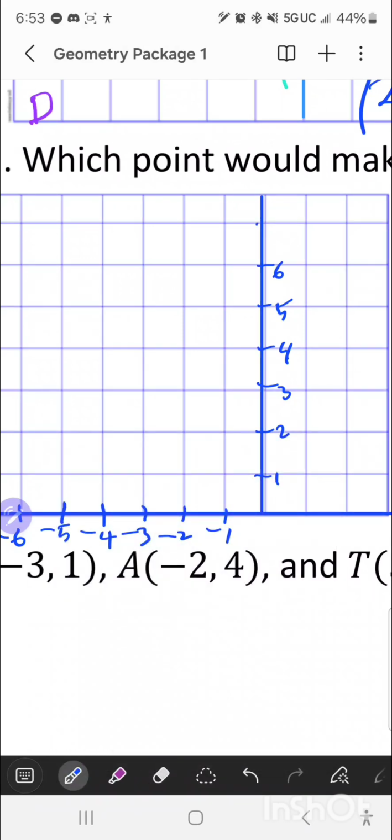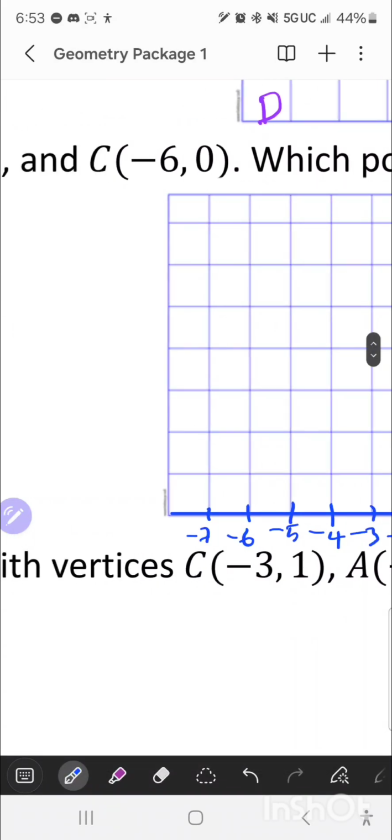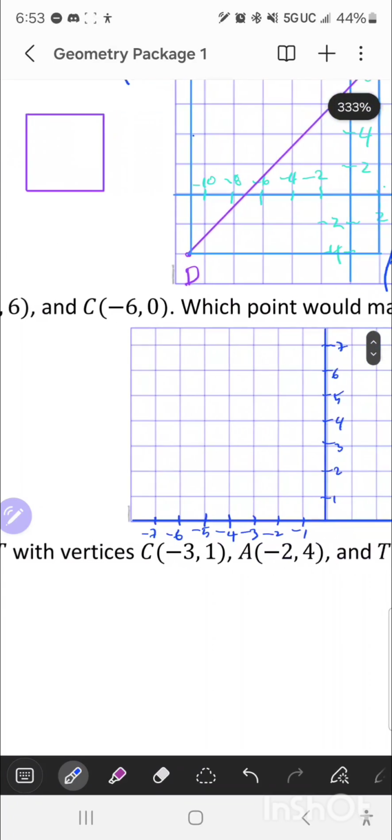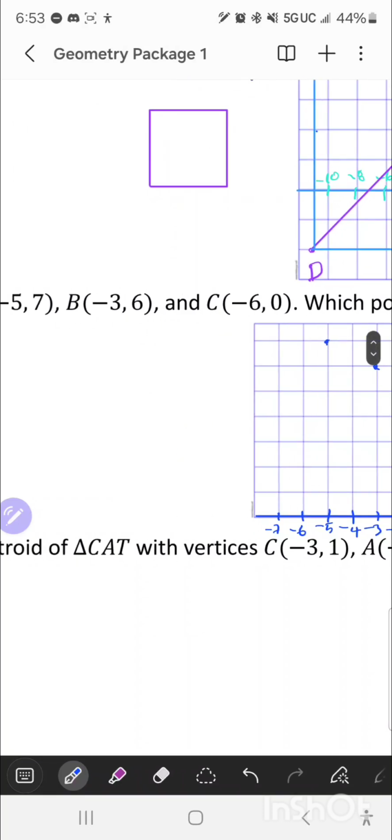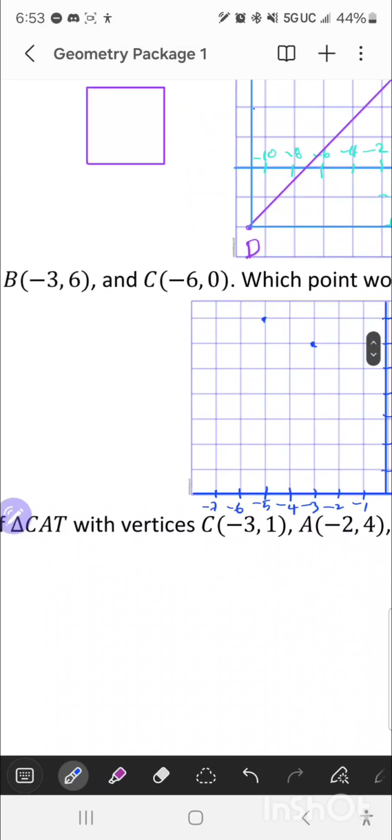We have point A, negative 5 comma 7 right here, negative 3 comma 6 right here, negative 6 comma 0 right here.